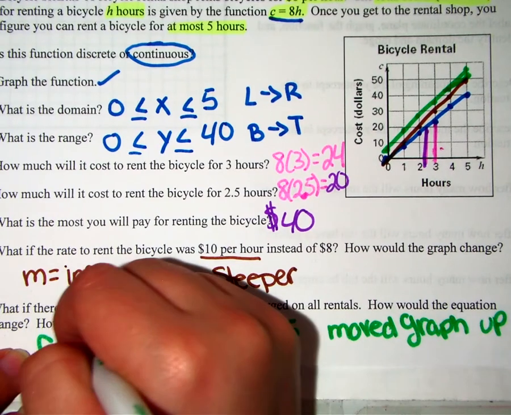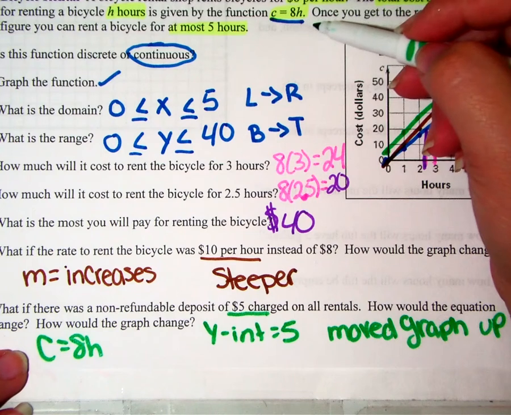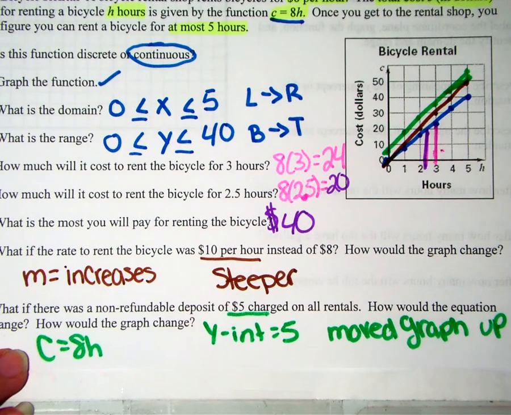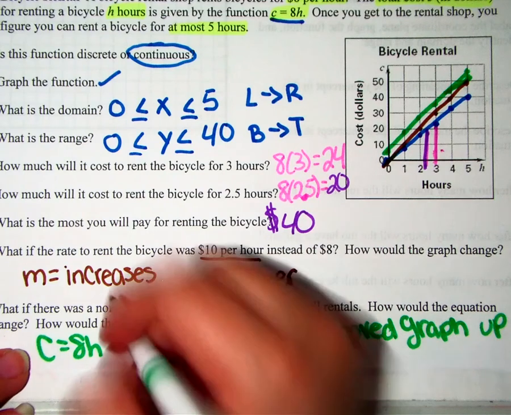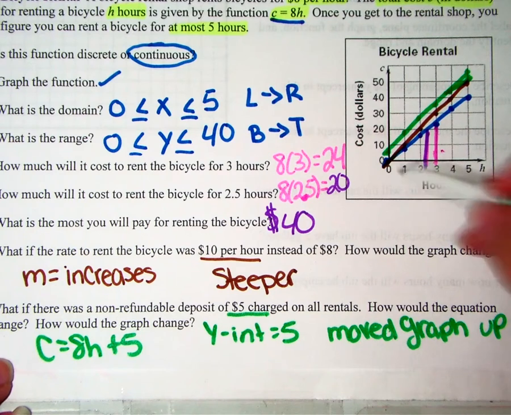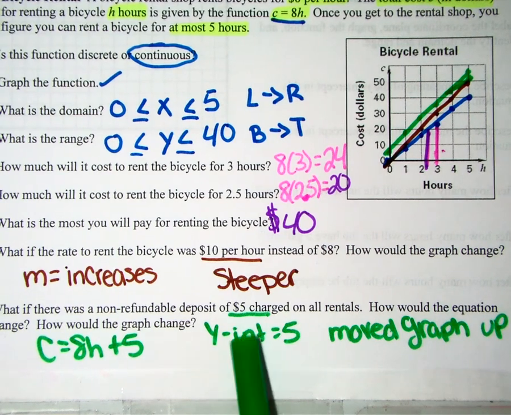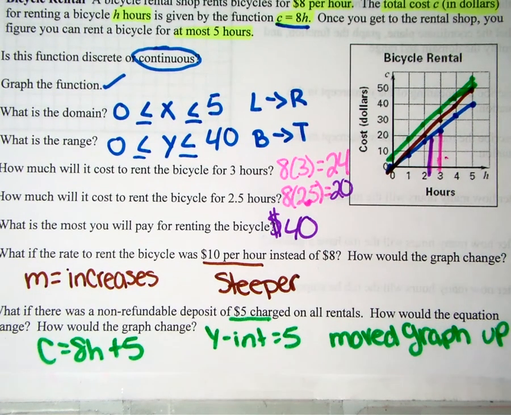C is equal to 8h, but our y-intercept here, since there was no number, it was automatically a 0. Now we changed it to what? So all I did was put a plus 5 at the end. And then I graphed it. So I just shifted everything from that blue line up 5. Okay, because now we have a deposit fee. So let's look at the next problem.